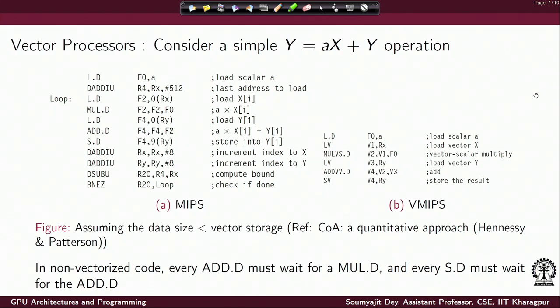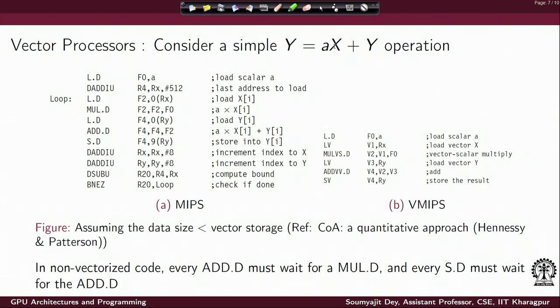That means let us say the vector registers have 64 elements, that means 64 dimensions are allowed, and each dimension has some fixed number of bits to store the value. So, essentially I am talking about working on arrays where the dimension of the array is limited to 64. So, here we are trying to do a simple operation.